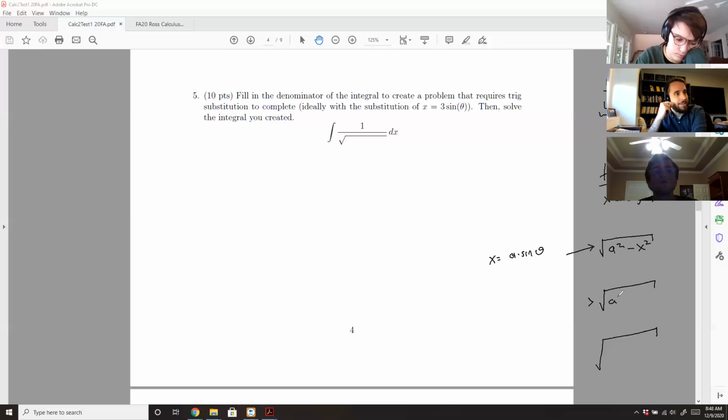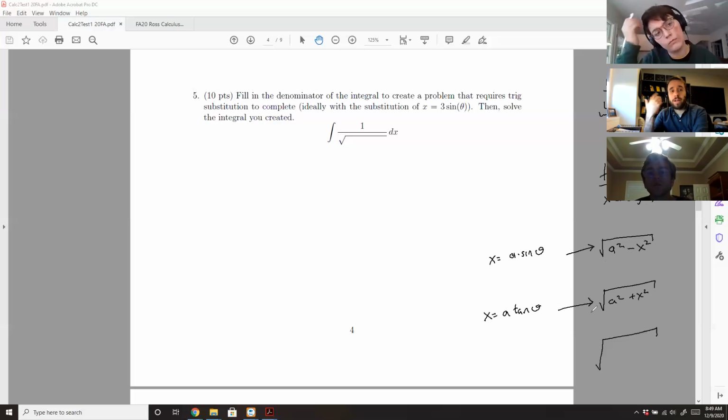And then if we had an a squared plus x squared, we typically used the trick x equals a tangent of theta. And the reason for this was because if we used these particular substitutions and we set up an appropriate triangle to interpret it, we would find that these expressions appeared naturally.